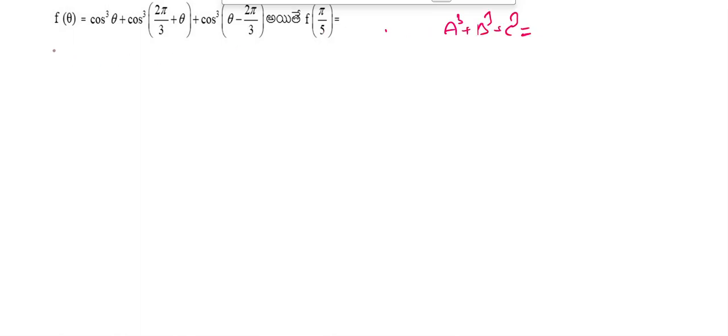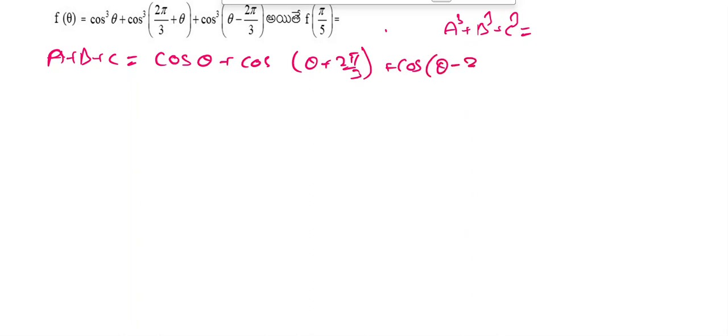First I find a plus b plus c. That is cos theta plus cos of theta plus 2 pi by 3 plus cos of theta minus 2 pi by 3. Using cos of a plus b plus cos of a minus b, this value is 2 cos theta cos 2 pi by 3.